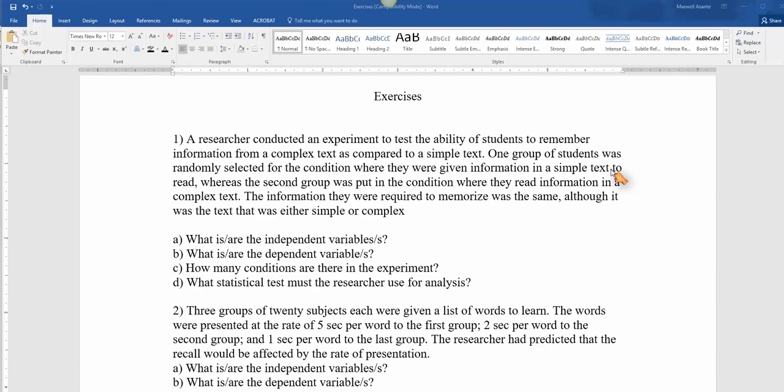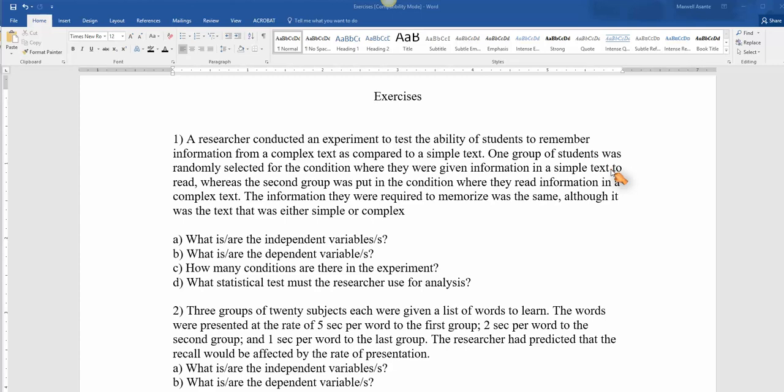One group of students was randomly selected for the condition where they were given information in a simple text to read, whereas the second group was put in the condition where they read information in a complex text. The information they were required to memorize was the same, although it was the text that was either simple or complex. The questions we have to answer are the following.